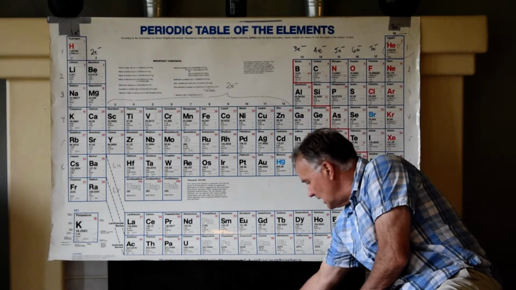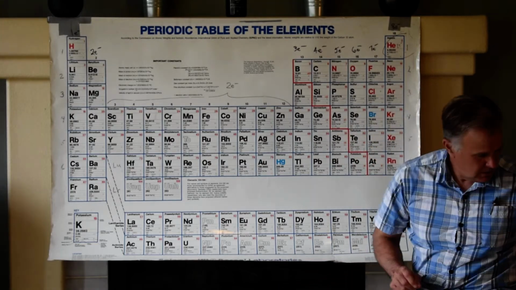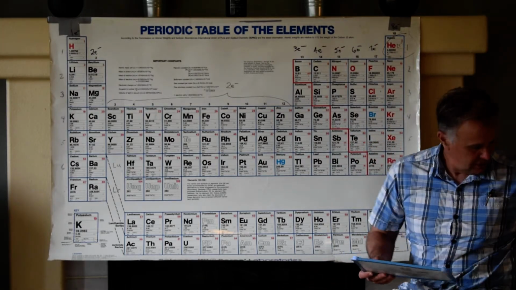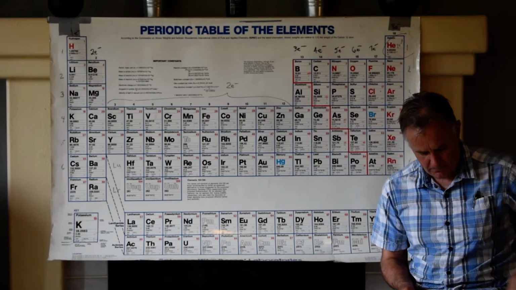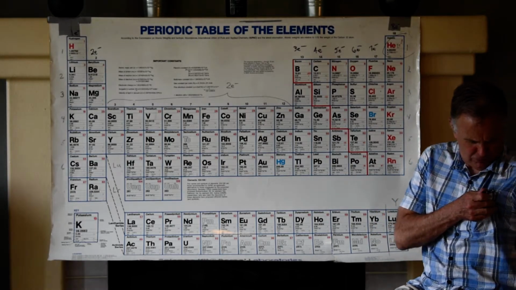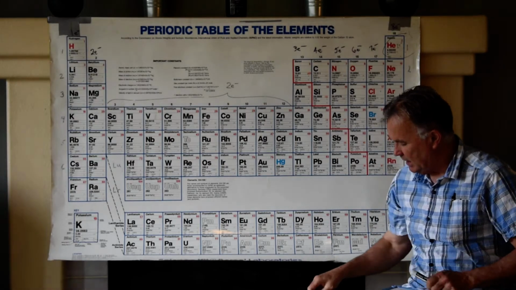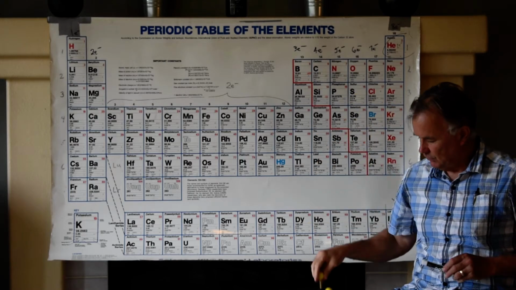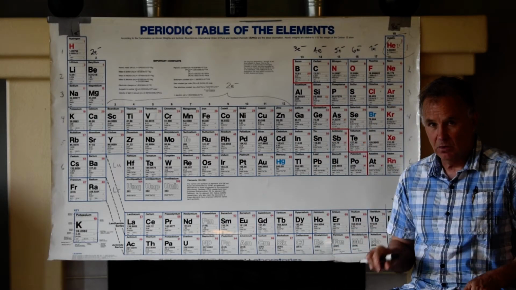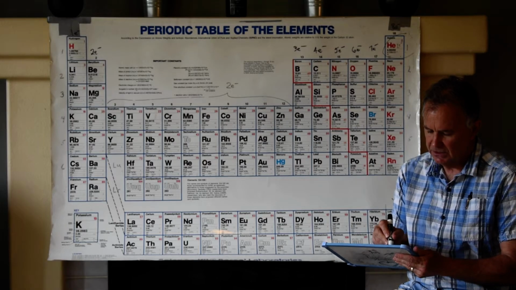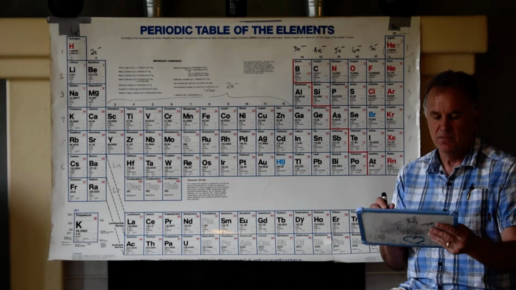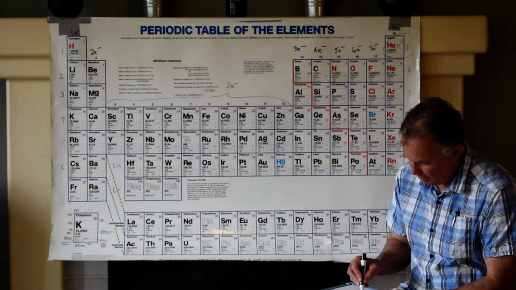So if you guys remember doing Lewis structures, that's when you write in the valence electrons. So here we have CH4, which is methane. That's what we've been burning all year in our Bunsen burners, CH4. So we'll put carbon as the central atom.